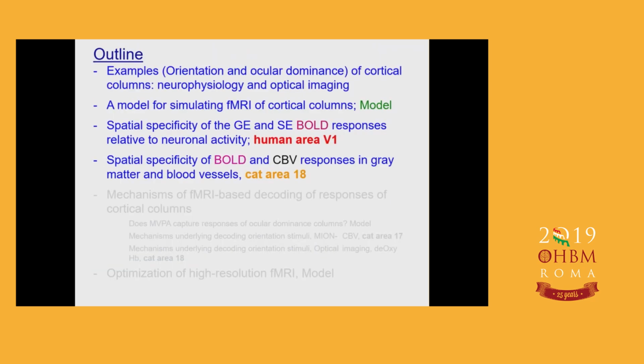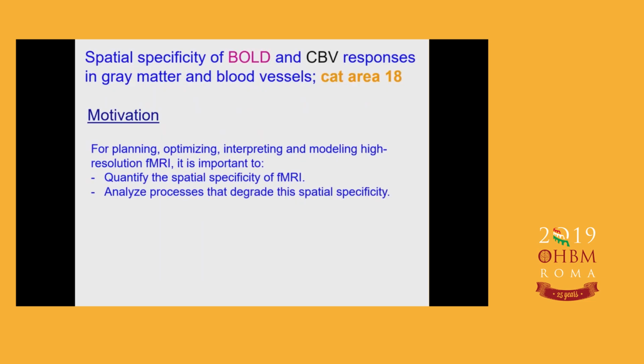We can move on now and speak about the spatial specificity of BOLD and cerebral blood volume responses in gray matter and blood vessels. I'll emphasize more the gray matter because of time limitations. Data obtained from cat area 18.